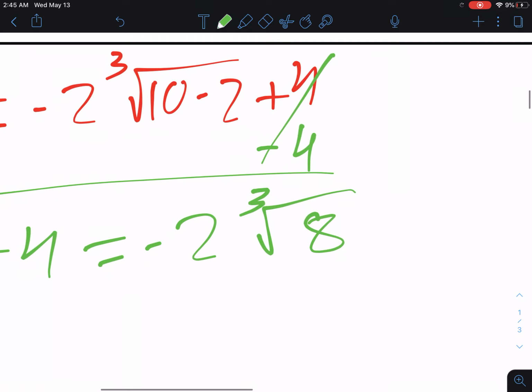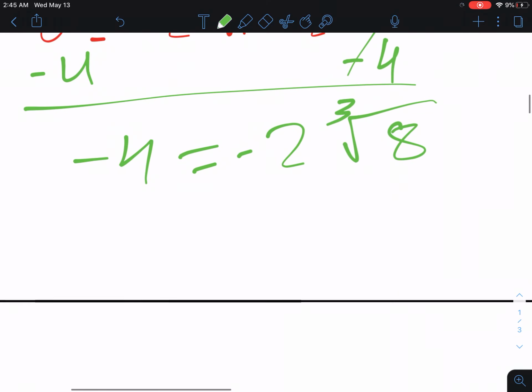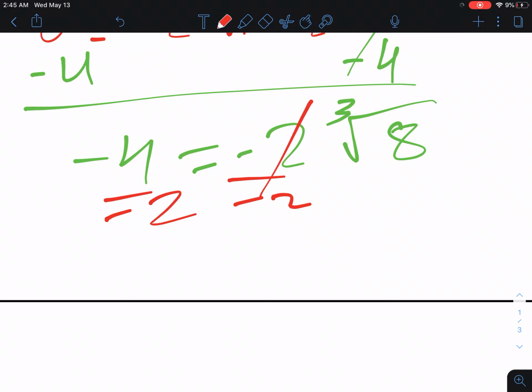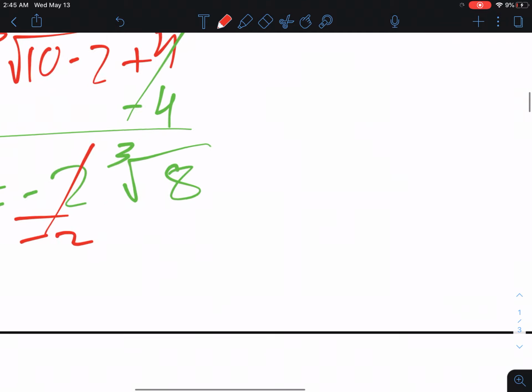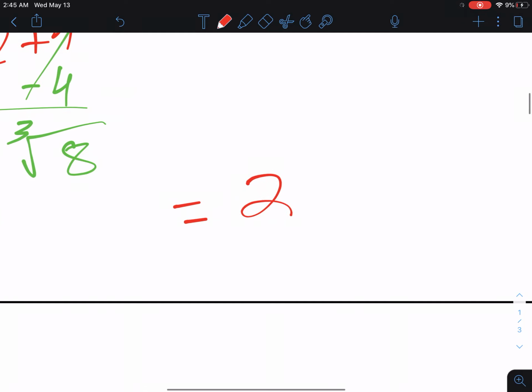Now we would have to divide by -2. So -2 divided by -2 cancels out, and -4 divided by -2 equals +2. So +2 equals the cube root of 8.